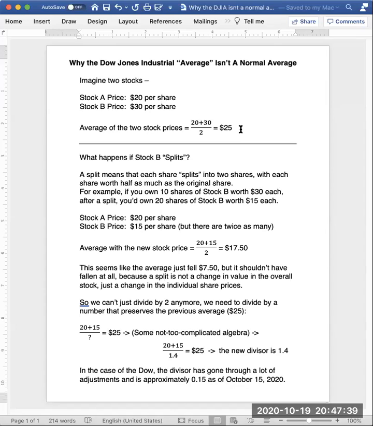So that's easy peasy. But what happens if we get something called a split? If stock B splits into two shares, it means that each share is now worth half as much as the original share, which a lot of people scratch their head at.